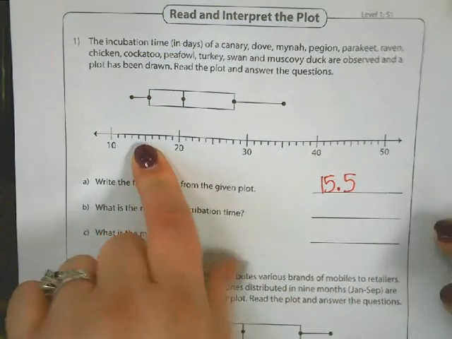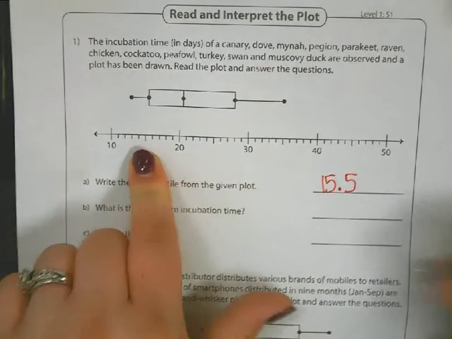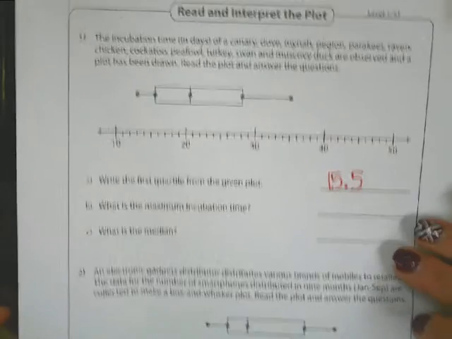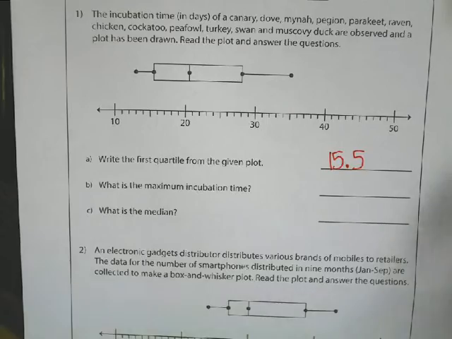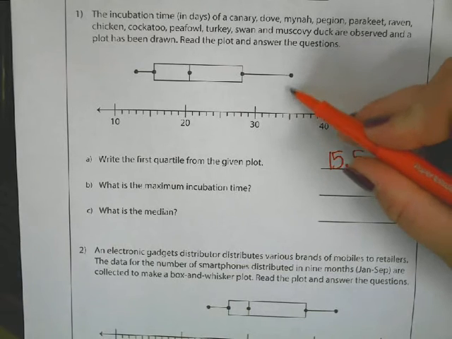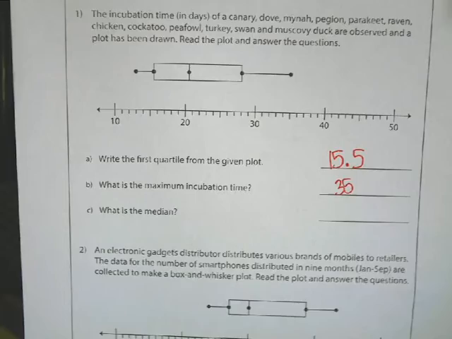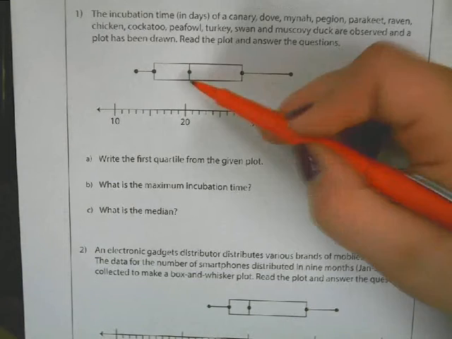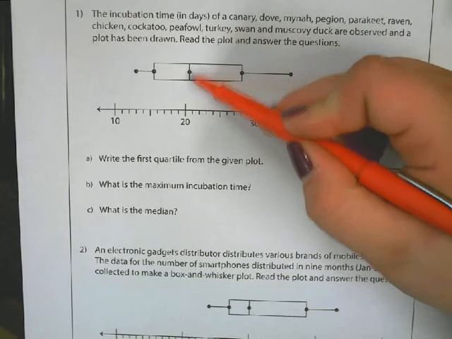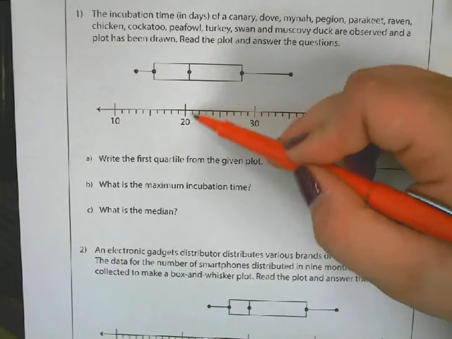Letter B says, what is the maximum incubation time? The maximum, I'm looking for my highest one, which would fall at 35. The next one says, what is the median? The median is always that middle part of the box. Again, it falls between 20 and 21, so it would be 20.5.